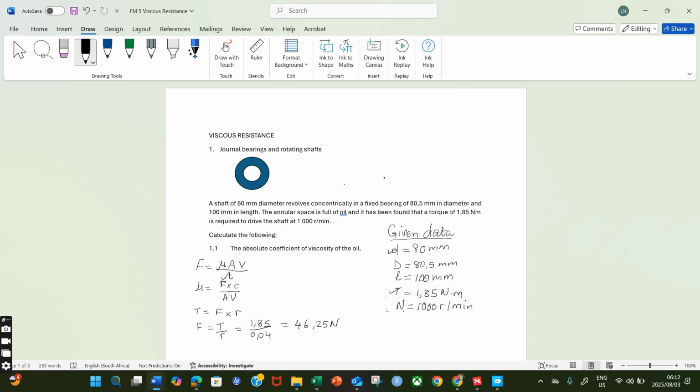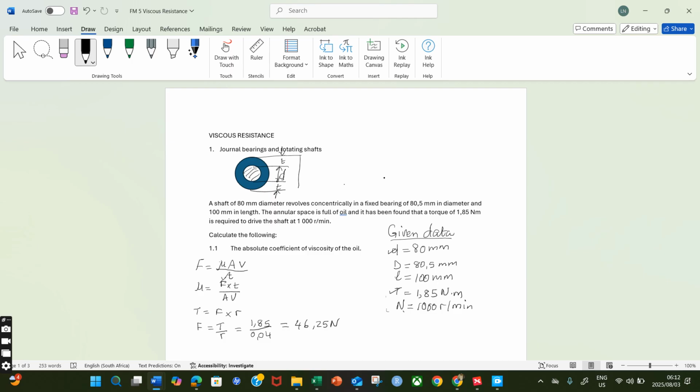All right, we have T, the clearance between the shaft and the bearing. It is not directly given, but we can calculate it from this sketch here. This is the shaft, and the blue part represents the clearance. This is the diameter of the shaft, and that is the clearance.